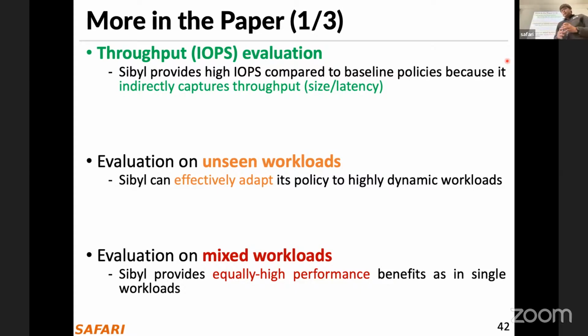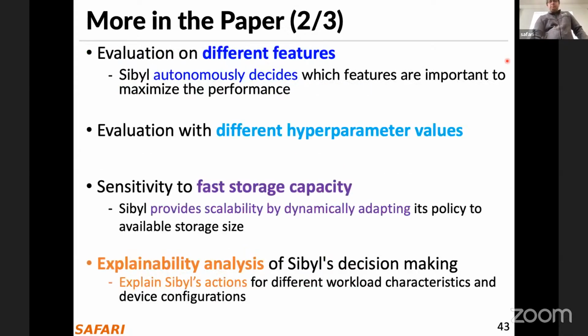And we still see that Sibyl can adapt its policy for this kind of a dynamic environment. And then we also have mixed workloads where we run workloads in parallel, and that also adds a lot of dynamic nature to the environment.